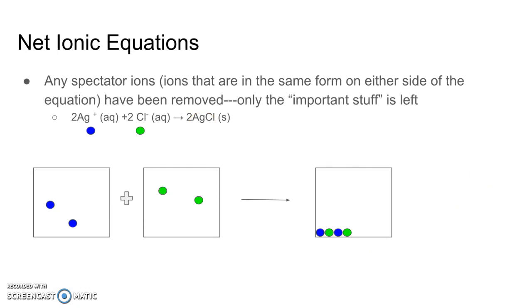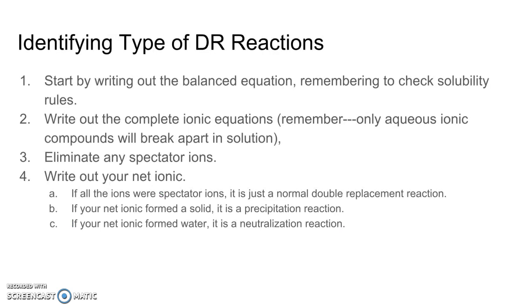So part of what you're going to do today is identifying different types of special double replacement reactions. So here are your general rules for doing that. You start by writing out the balanced equation, and you're going to check solubility rules. That's really important, especially if we're trying to figure out if a precipitation reaction occurs. Now, if you're like, what solubility rules? That's fair.